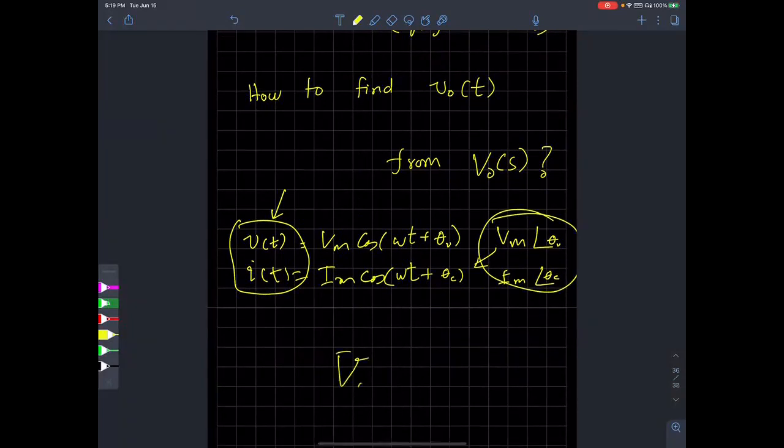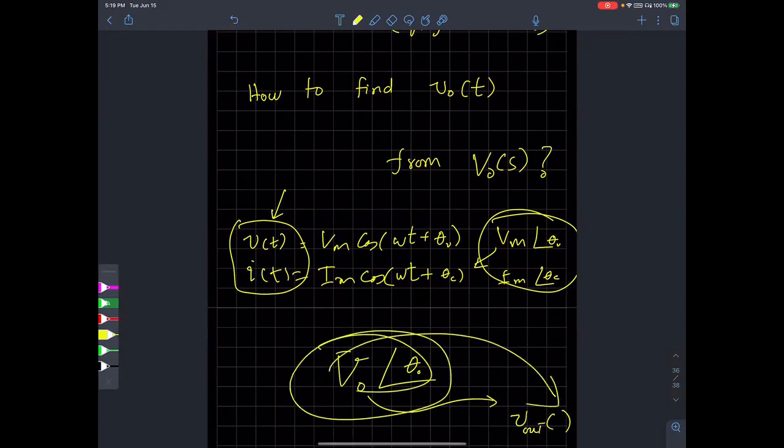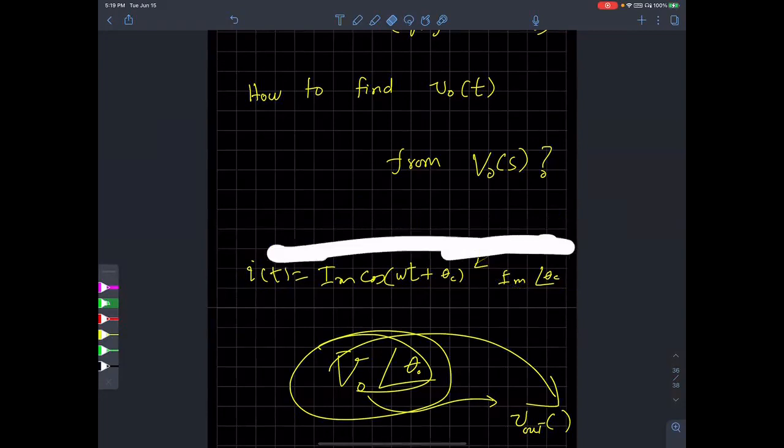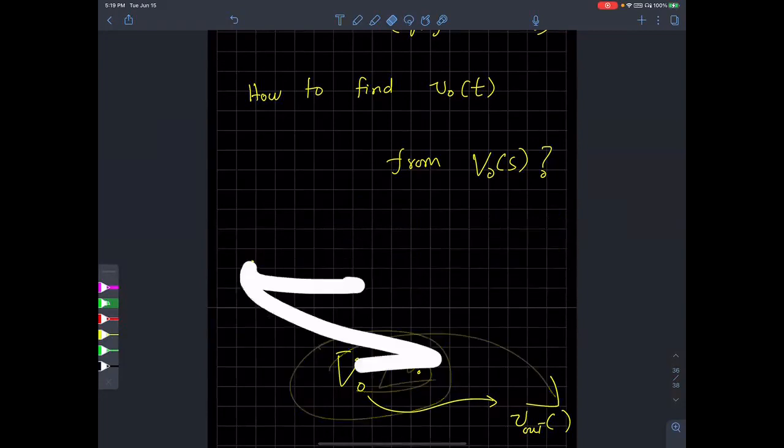And then when I had v output of theta output, I eventually had to come back to the time domain, from the phasor form into its time domain form. That's exactly what I got to do here as well.